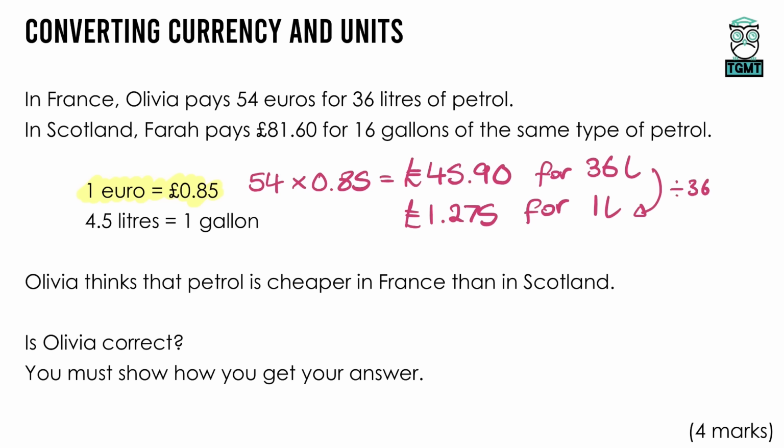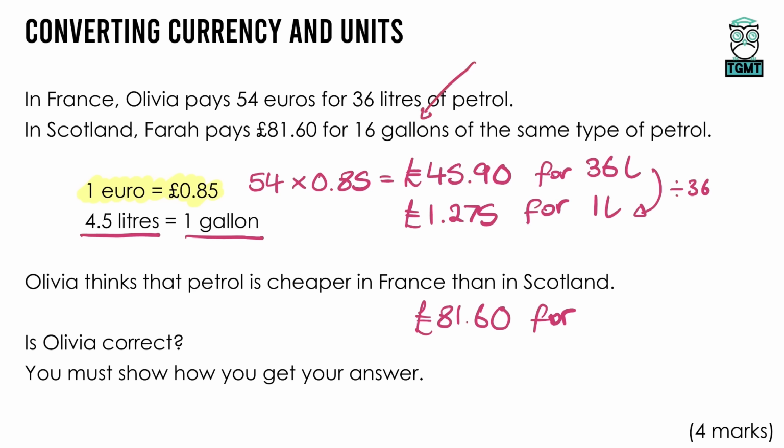I'll leave the 5 in there just in case our next one comes out as £1.27 with a little bit extra as well, just in case they're really close. So for the next one, it's already in pounds. We have £81.60 for, at the moment, 16 gallons. Now it tells us here that each gallon is 4.5 litres.